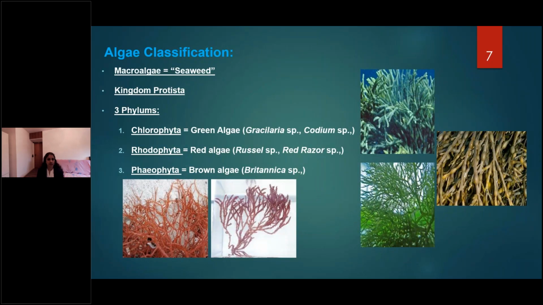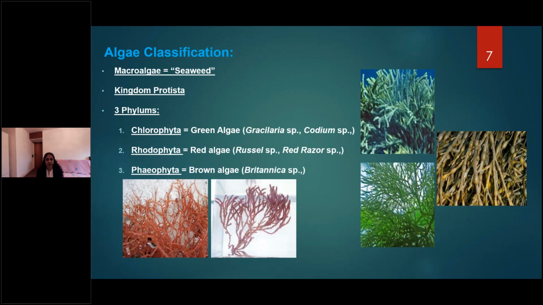Coming to the macroalgae, which is also called, as I told, seaweed. Today I'm going to concentrate on this macroalgae because these are the main algae used as biostimulants and biofertilizers. And nowadays, most of the research is going on these seaweeds, particularly for biofertilizers. This also comes under kingdom Protista, and has 3 phyla: Chlorophyta, Rhodophyta, and Phaeophyta.